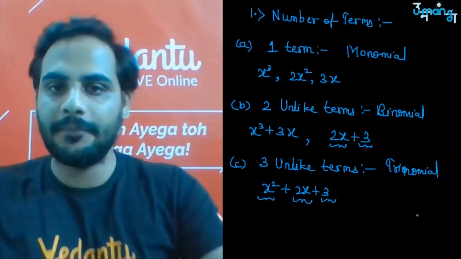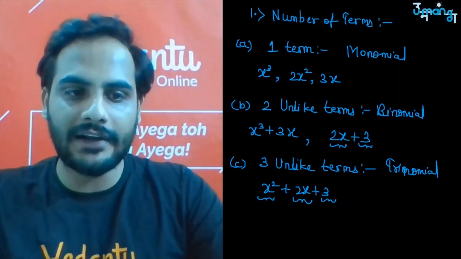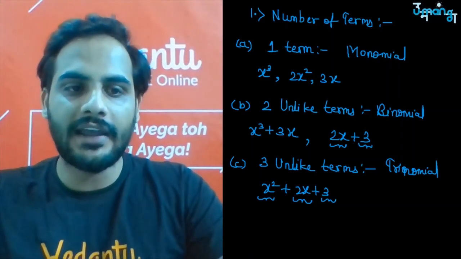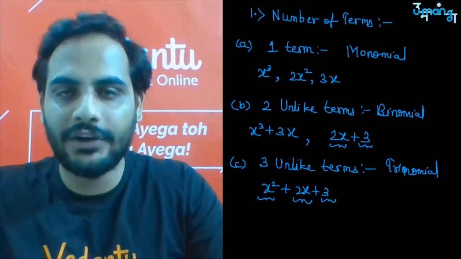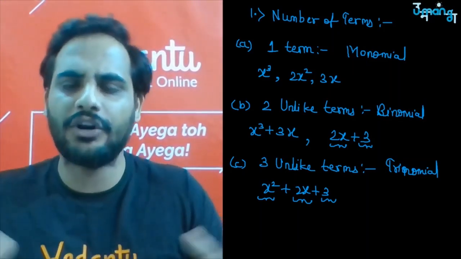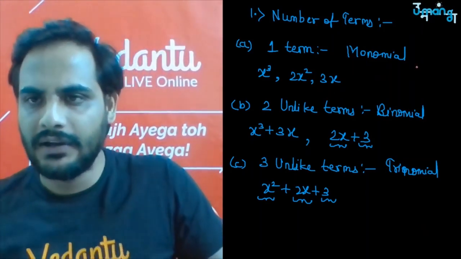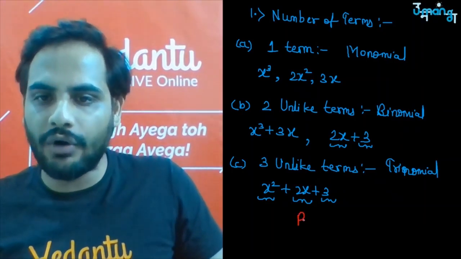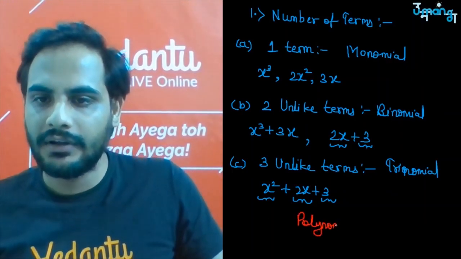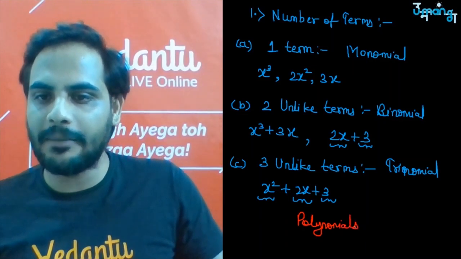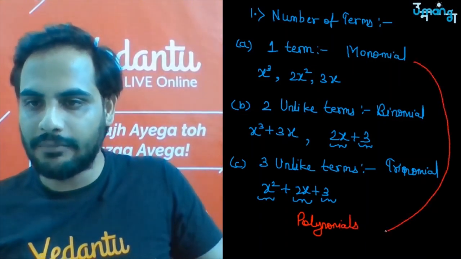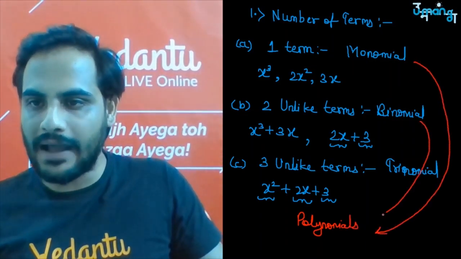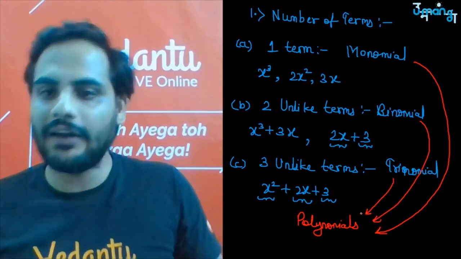Now understand, after that, if there are four unlike terms, five unlike terms, we have not given any of them a separate name. They are called multinomial or polynomial only. So after that, all are called simply polynomials. But do remember that monomial, binomial and trinomial are also polynomials only.